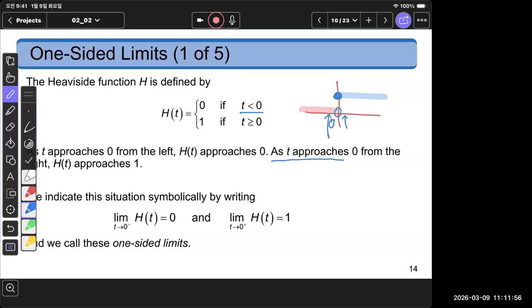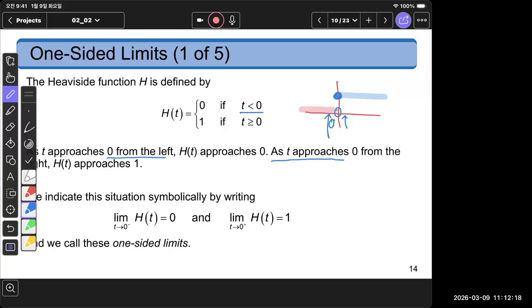So when t approaches 0 from the left, the function value is approaching 0 because for all negative t, the function value is 0. But if t approaches 0 from the right, then for all non-negative t, the function values are 1, so the limit value will be 1.